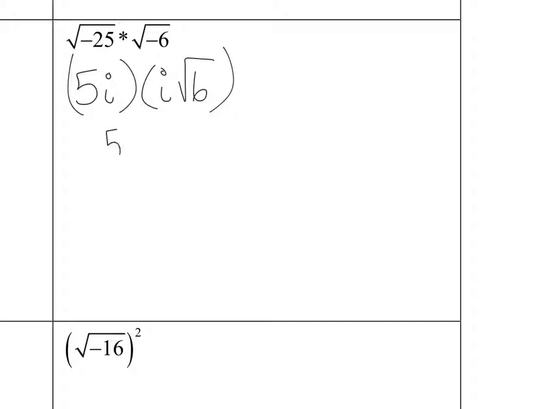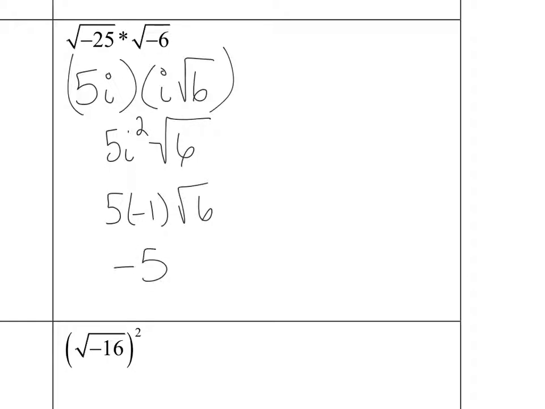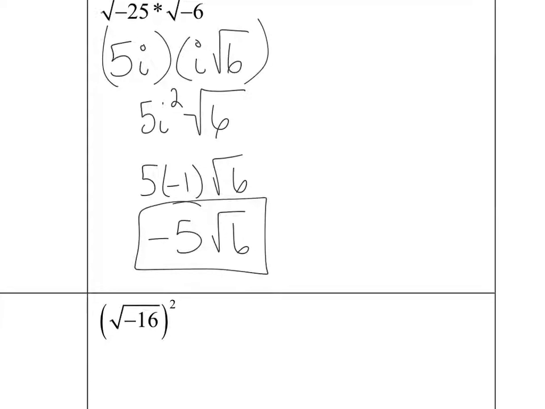So then this would be 5i squared root 6. But i squared is -1, so it's 5 times -1 times the square root of 6. So it's -5 square root 6. Okay? So there we go.